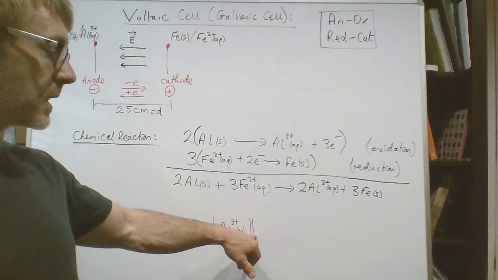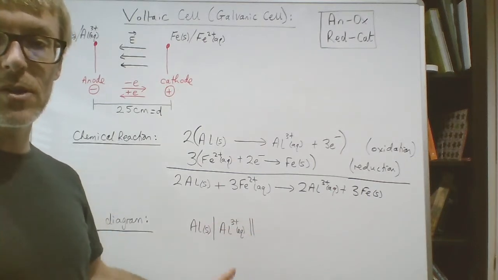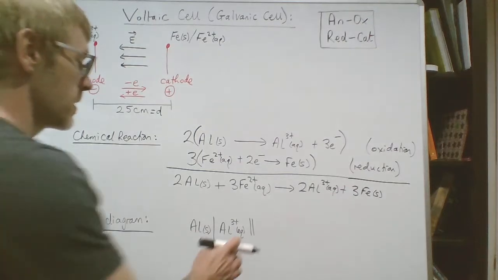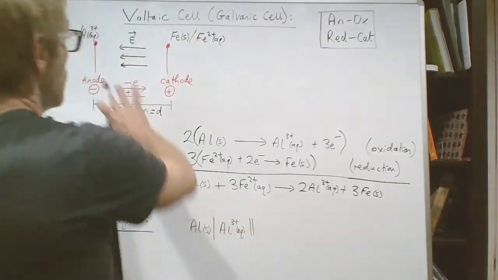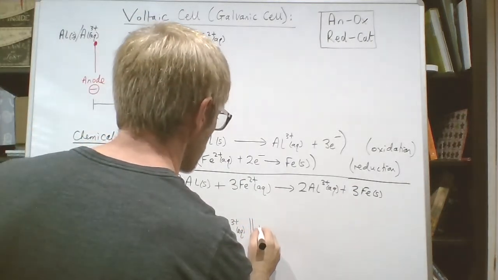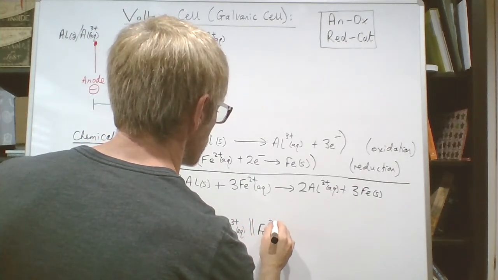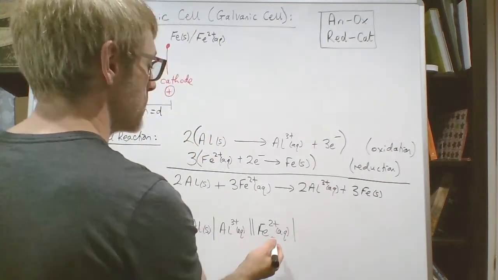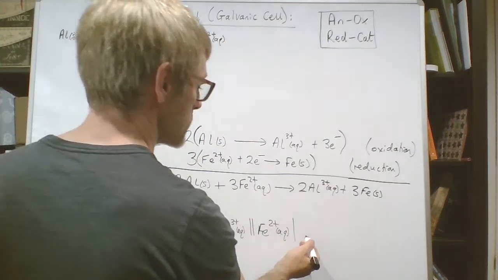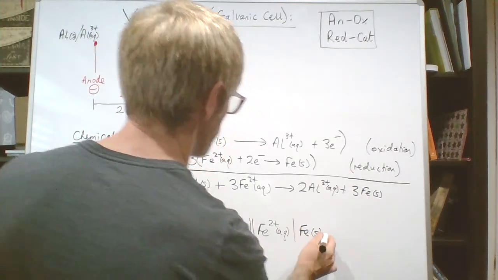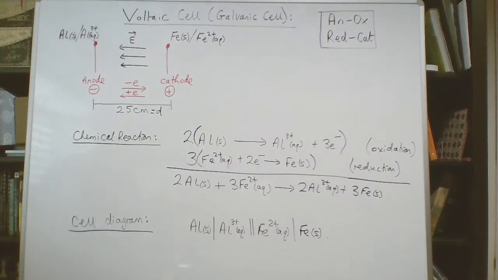The double parallel line represents the salt bridge, which essentially is the connection between both beakers. And then at the cathode side, I have this mixture here. So I have iron 2 plus aqueous, single parallel line because I have a phase change from aqueous to solid, and then iron solid. So this is my cell diagram.